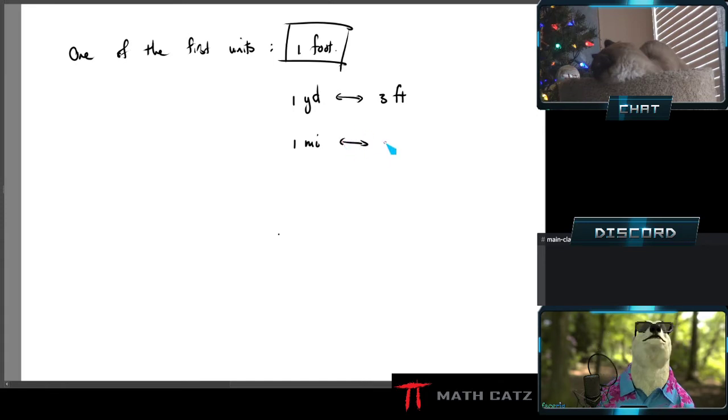And for reasons I don't actually know, 1 mile is equivalent to 1,760 yards. Why? Well, I don't really know, to be honest with you. And it's interesting, historically speaking, to investigate where these conversion amounts came from, but that's not really our focus.